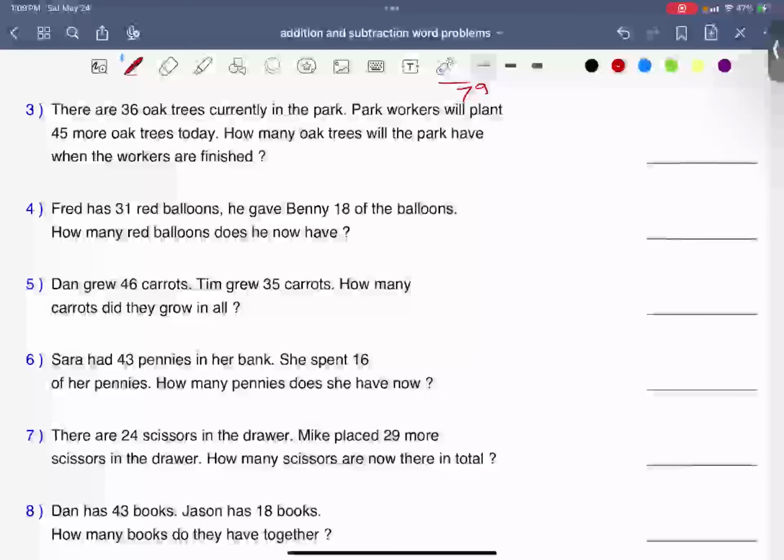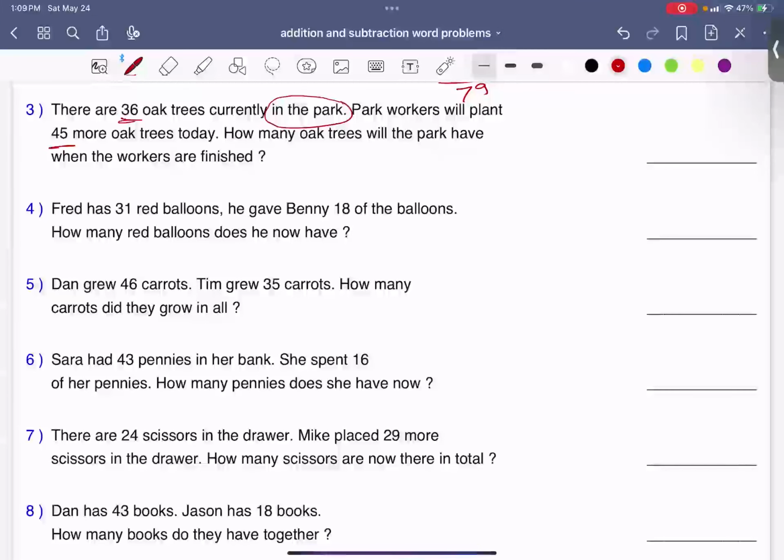Let's look at number three. There are 36 oak trees currently in the park. Park workers will plant 45 more oak trees today. How many oak trees will the park have when the workers are finished? Let's look for keywords and numbers. So I see 36, I see 45. There are 36 oak trees in the park, so it's 36 having of oak trees.